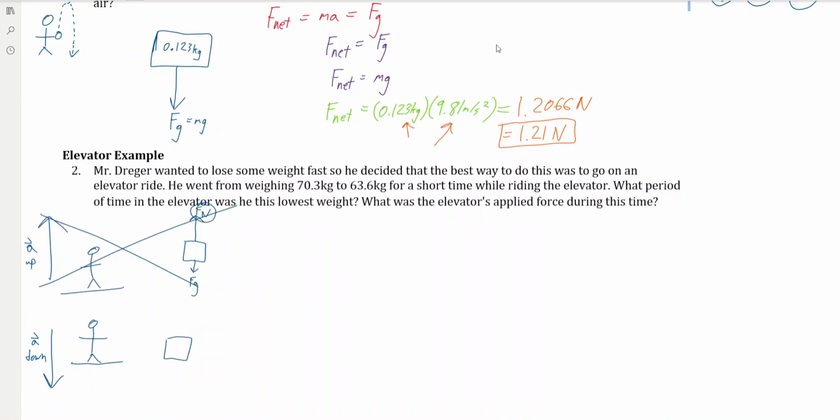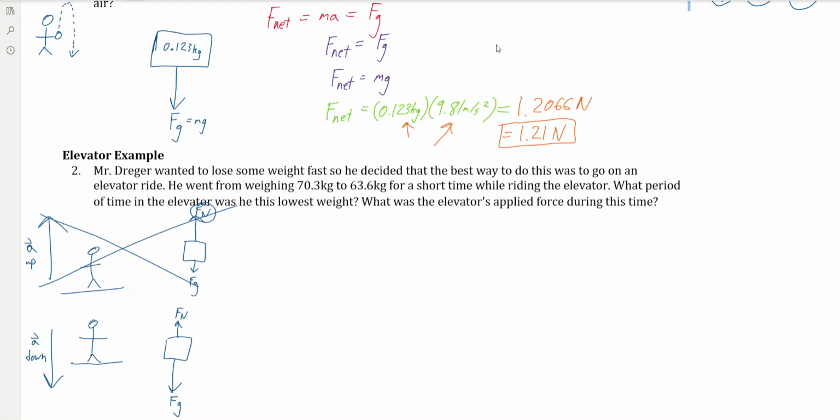Whereas in this case, the force of gravity is whatever the size is, and the normal force is smaller. You guys see that? Because it's accelerating down, that means the arrows have to add to go down. So Fg has to be bigger than Fn.